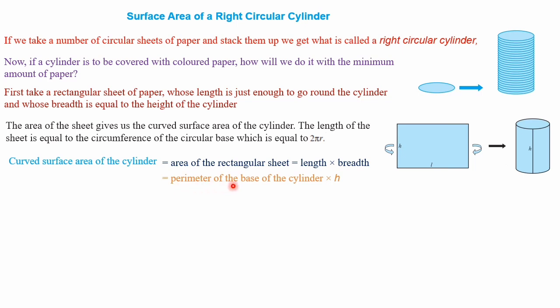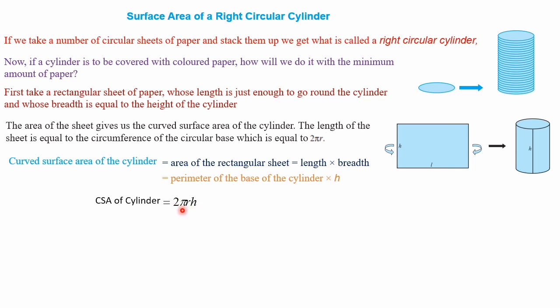The perimeter of the base of the cylinder is called the circumference of the circle, because the base of the cylinder is a circle. So the perimeter of the base into the breadth, and the breadth is equal to the height of the cylinder, because this rectangular sheet fits the outer portion of the cylinder exactly. So the curved surface area of the cylinder is equal to the perimeter of the base, the circumference 2 pi r, into the height.